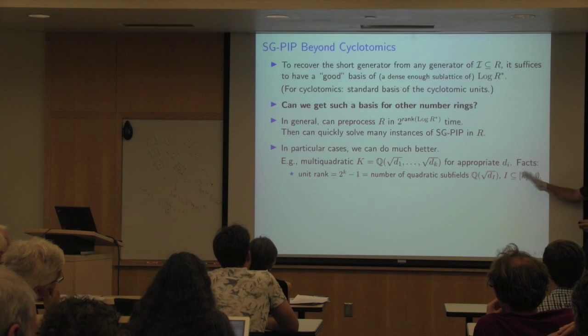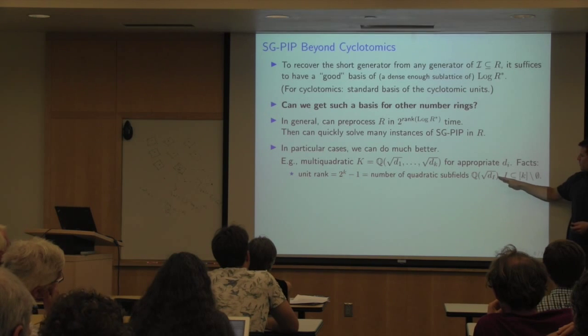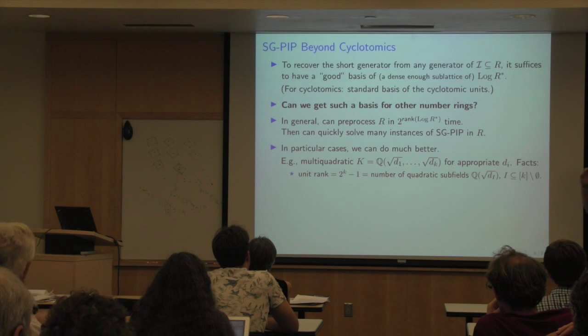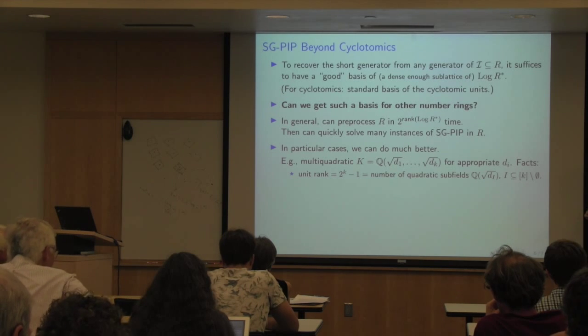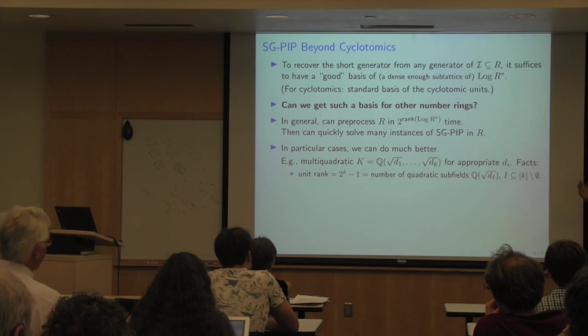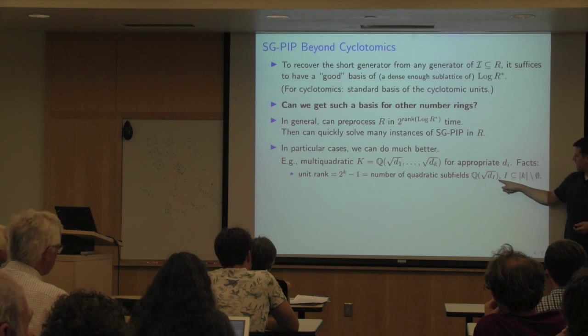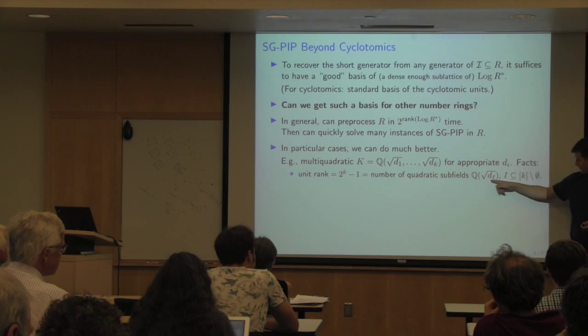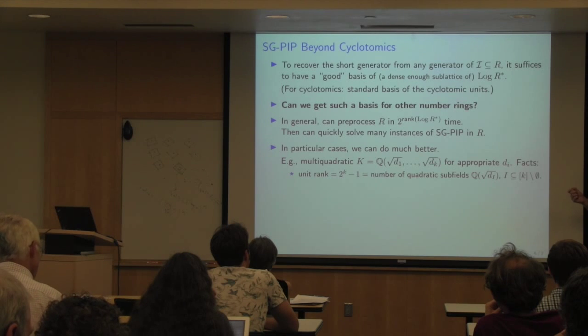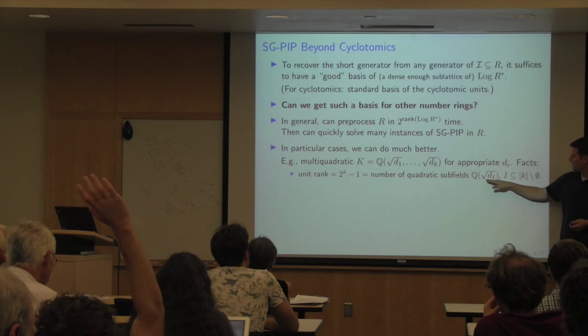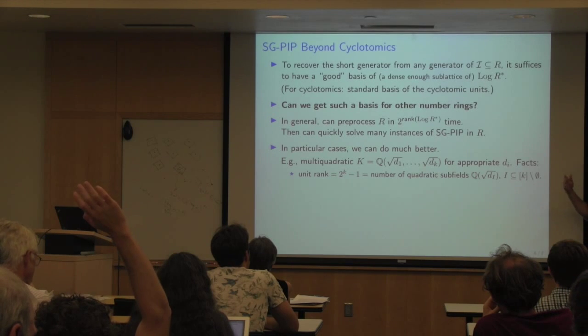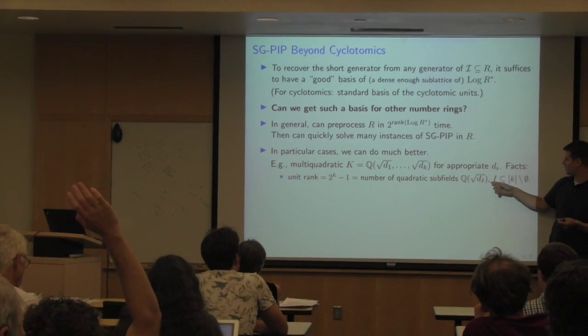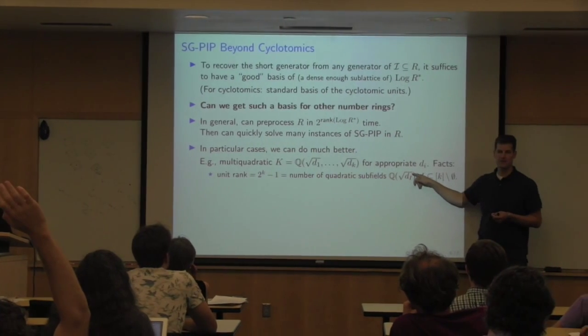So they're exactly the 2 to the k minus 1 quadratic subfields. That is exactly the unit rank. For any real quadratic subfield, its unit rank is 1, and you can pretty quickly compute its fundamental unit as long as its D is not very big.